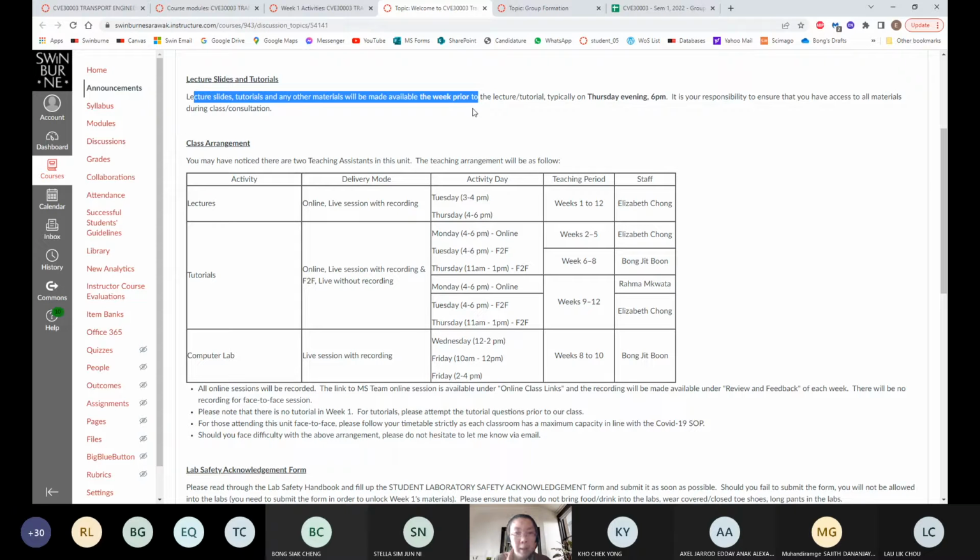Now the class arrangement. Lectures, I'll do myself. But tutorials are a bit more complicated. Week 2 to week 5, I'll do the tutorials. These are related to transport planning and traffic management. Weeks 6 to 8 are intersection analysis: unsignalized, roundabout, signalized.